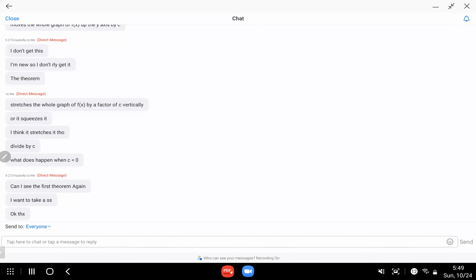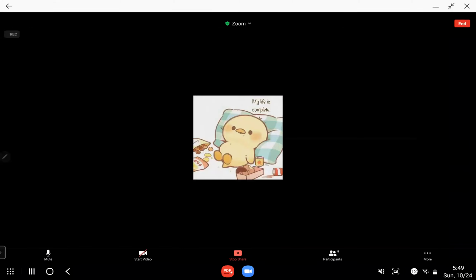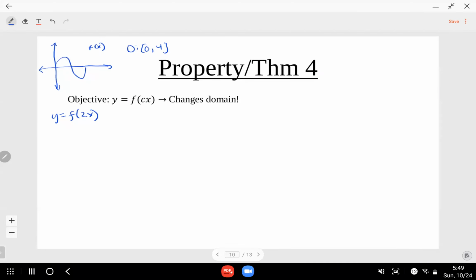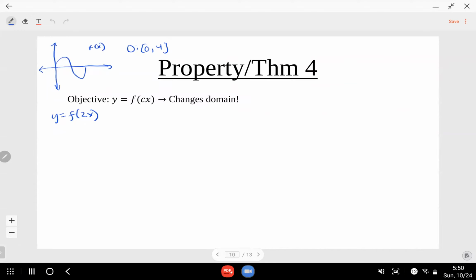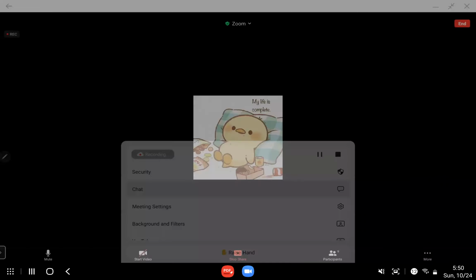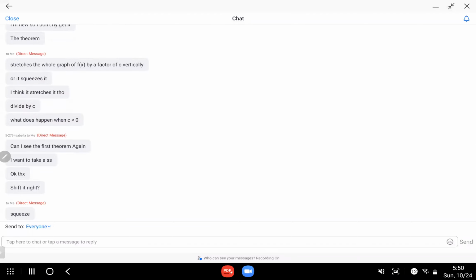So what is it going to do horizontally? Shift to the right? I'm afraid that's incorrect because we just shifted to the right by adding or subtracting. But that's a good idea. Any other ideas? Squeeze it. Yes, we're going to compress it.